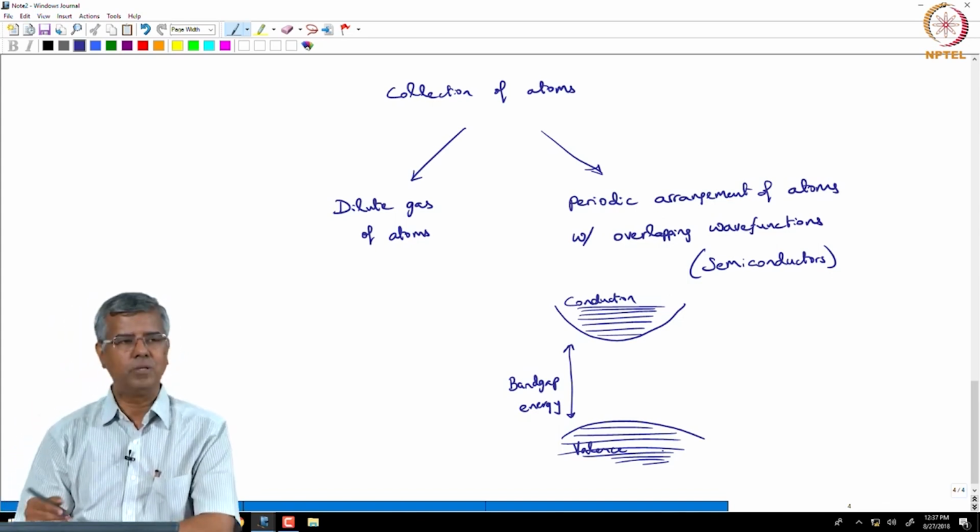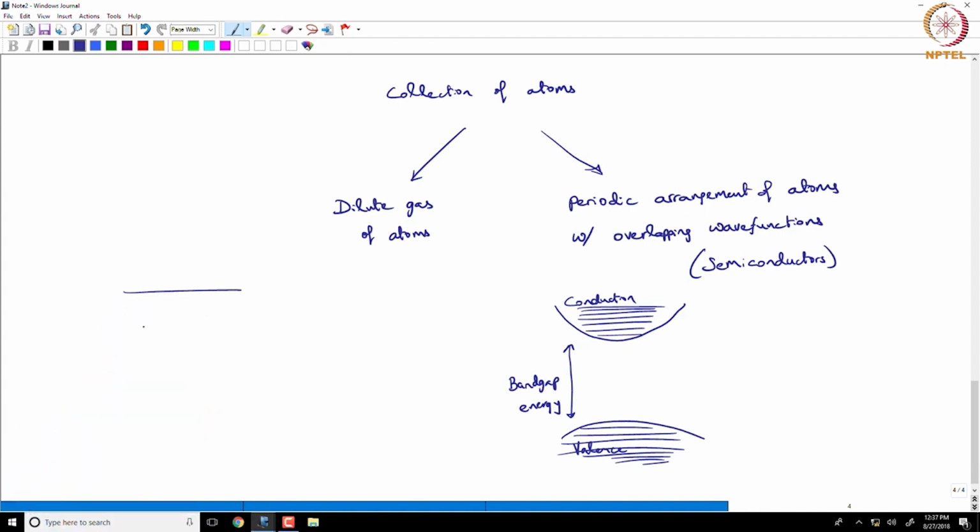Here in the dilute gas of atoms, we said you have energy levels like this, and we can describe the probability that you have an electron in one of the higher energy levels as exponentially distributed, so this is P of Em.